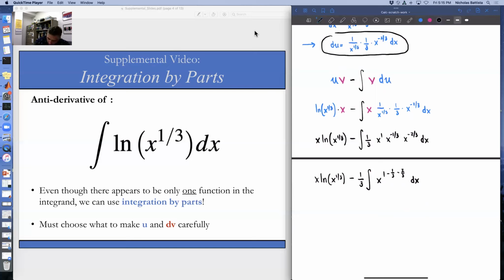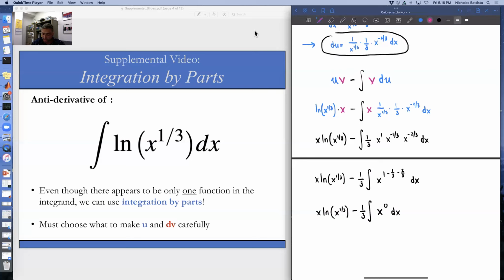All right, so we're almost there at the simplified integral. Again, that x times ln of x to the 1/3 remains unchanged. We have minus 1/3 now times the integral of x to the 1 minus 1/3 minus 2/3. So that is x to the 0th power. And we're going to integrate that with respect to x.